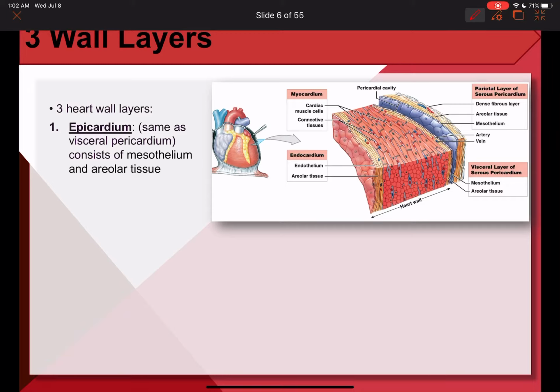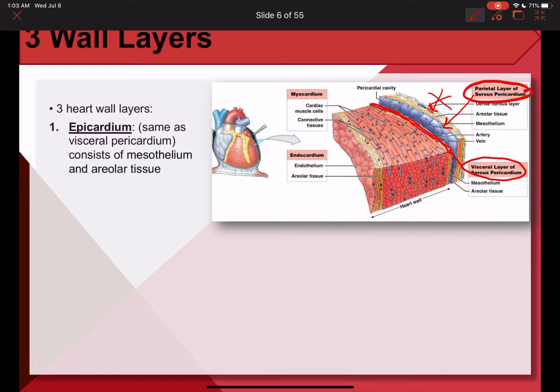So we're not talking about this layer right here. That's not the pericardium. Okay, epicardium. It is actually the parietal layer of the pericardium is what this layer is. This layer right here, this whitish layer, is what the epicardium is, which is what I was talking about, the same as the visceral layer of the pericardium.